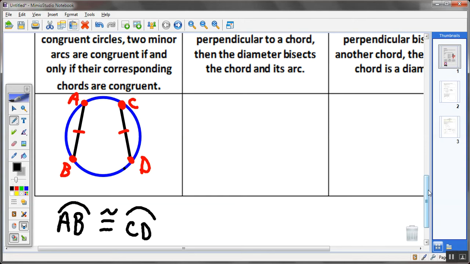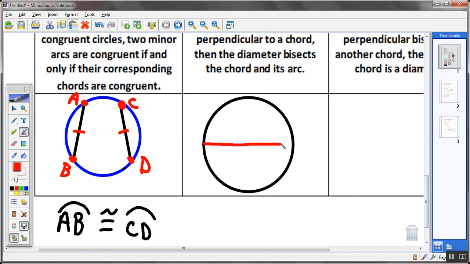So let's say that we have a circle that looks like this. I'm sorry, let's get a diameter in there. Let's put a diameter in here like so. Okay, that looks pretty good for a diameter, doesn't it? They're telling me right here that if I have a chord that goes through the diameter and forms, let's draw it just like that.